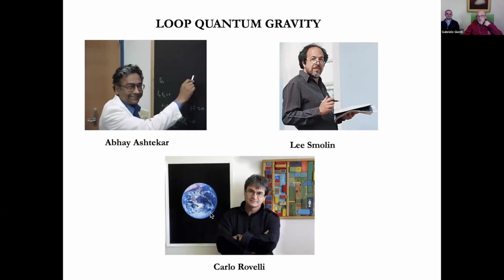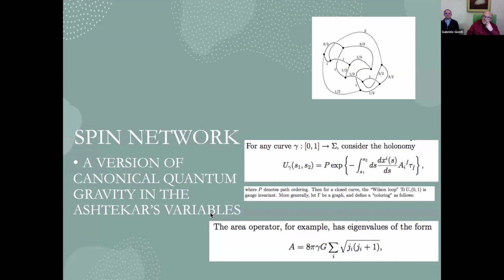Anyway, after this digression about canonical quantum gravity, I will introduce another approach to quantum gravity that is called loop quantum gravity. It was introduced by three main scientists: Abhay Ashtekar and two of his collaborators, Lee Smolin and Carlo Rovelli. Loop quantum gravity is essentially a canonical approach to quantum gravity. So you always have the Wheeler-DeWitt equation, but you introduce what is called the spin network.